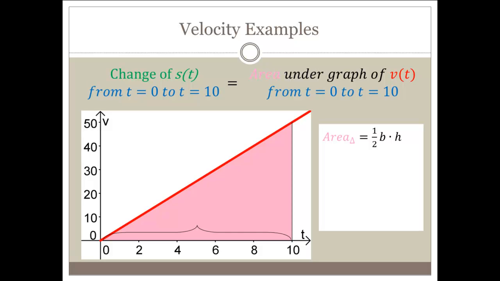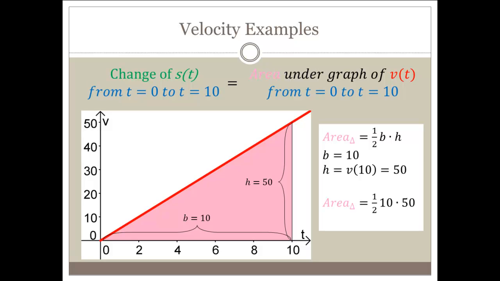The base of this triangle is length 10, so we have b equals 10. And the height of this triangle is given by the height of our graph, which is v of 10, or 50. So h equals 50, which tells us that the area of the triangle is 1/2 times 10 times 50, which is 250.